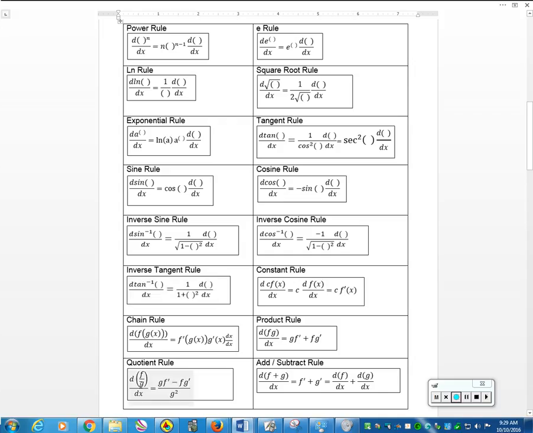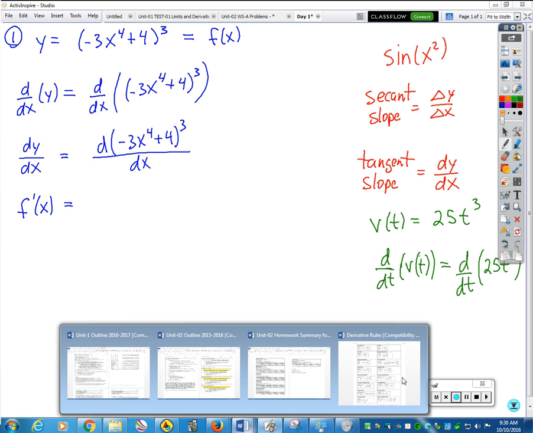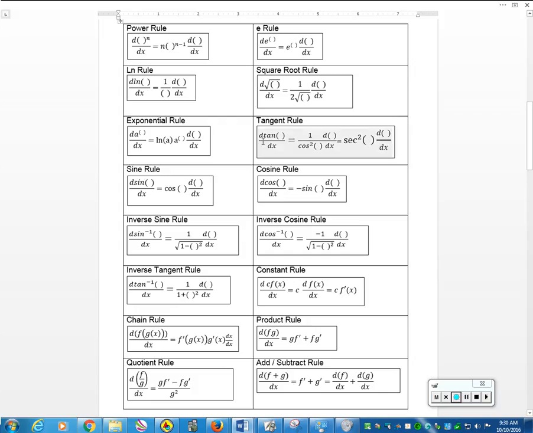For example, we're trying to find the derivative of this thing here. I'll point out some that are usually easiest to see. We're not finding the derivative of the tangent of something. Agreed? We're not finding the derivative of the inverse cosine of something. We're not finding the derivative of the natural log of something.